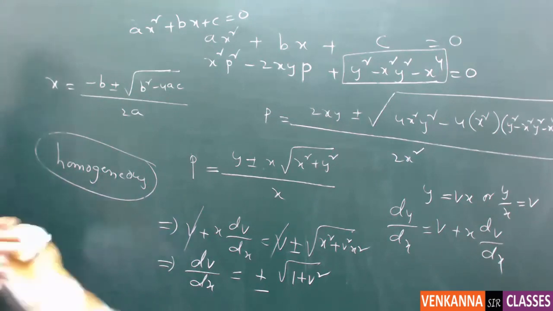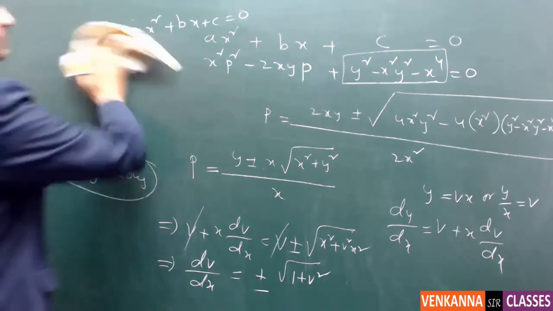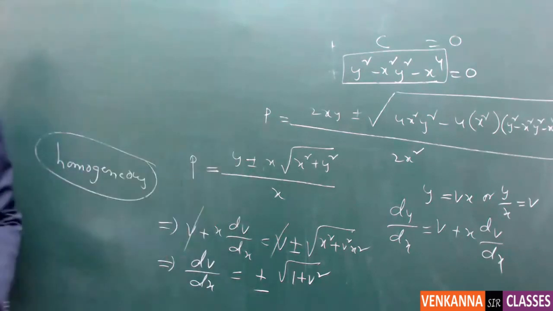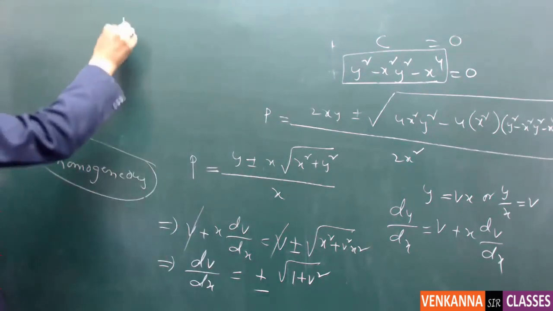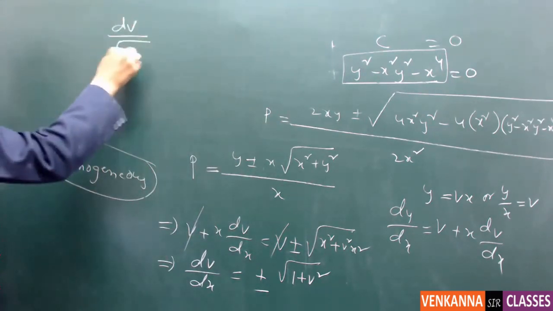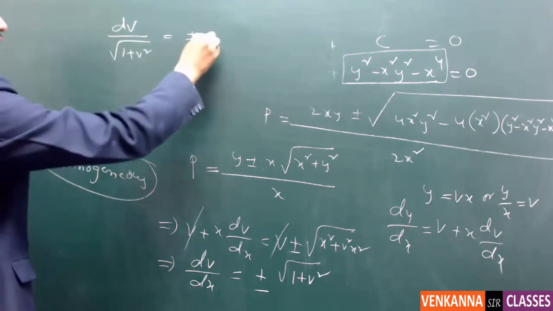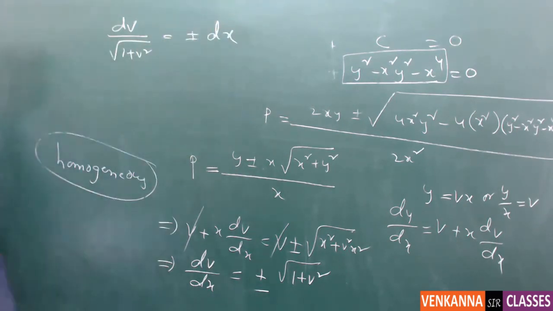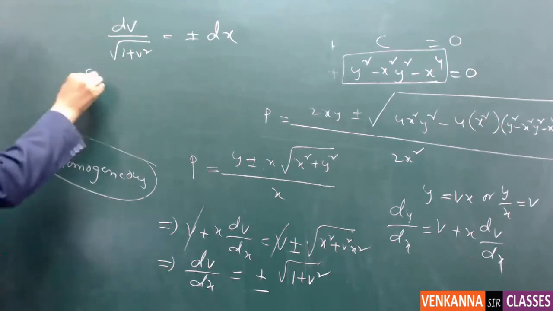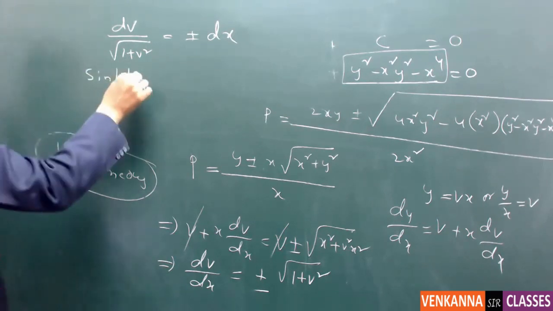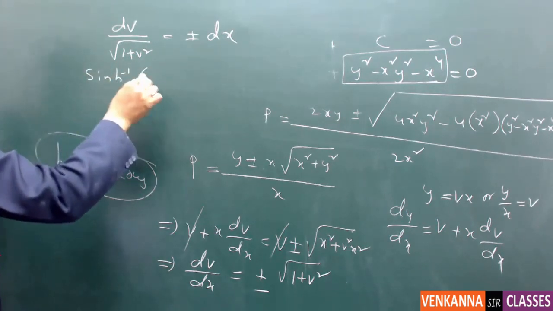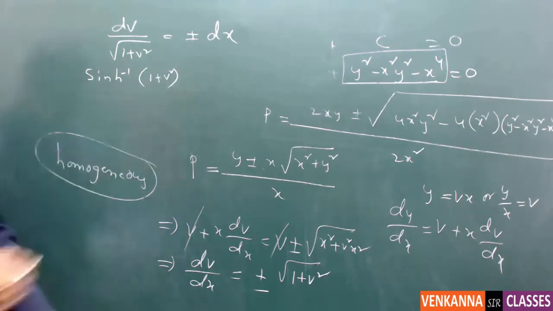Making it variable separable, we have dv by root of 1 plus v square equal to plus or minus dx. Obviously this is nothing but sinh inverse v, sorry.